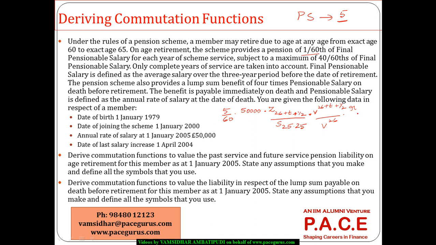So R 26 plus T, in that particular year, what is the number of people who are going to retire, provided those people who were there at 26 in the population, how many proportion of the people are going to retire. Once they retire, from the date of retirement until the date of death, their pension they need to receive.